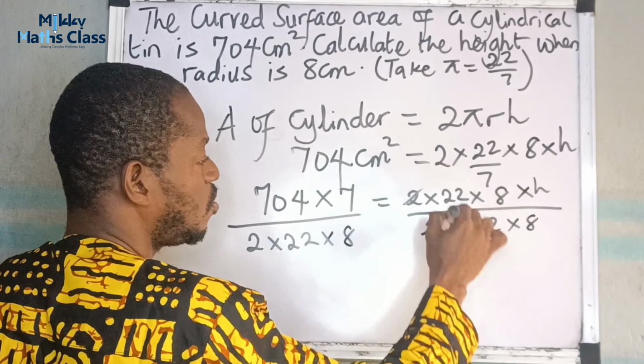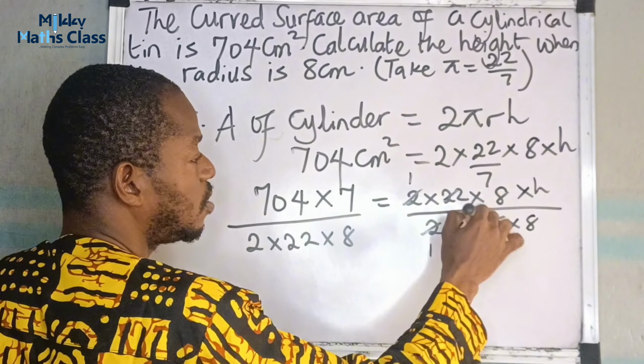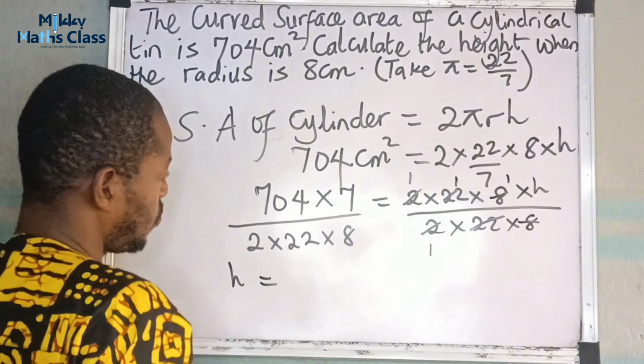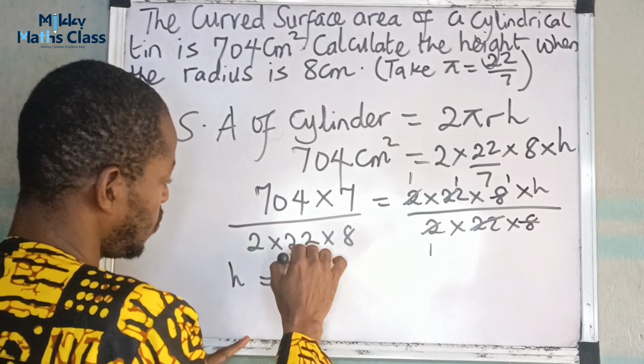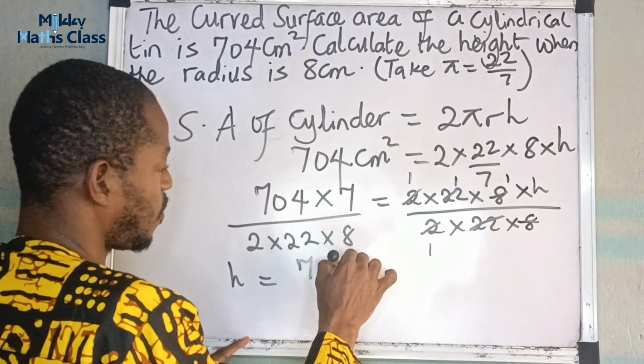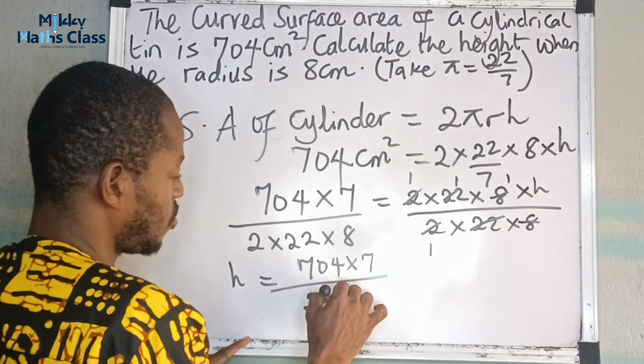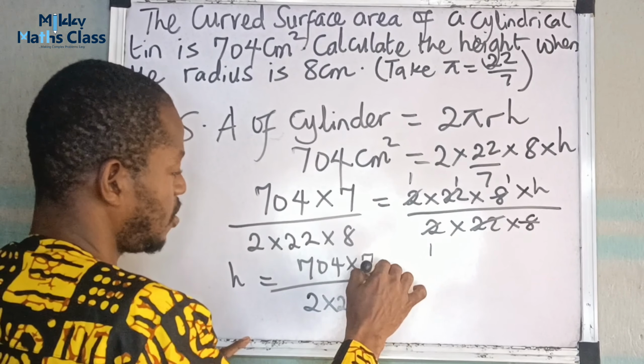So this and this will go off, 8 will cancel 8. So our height is equal to 704 times 7 over 2 times 22, that's 44, times 8.